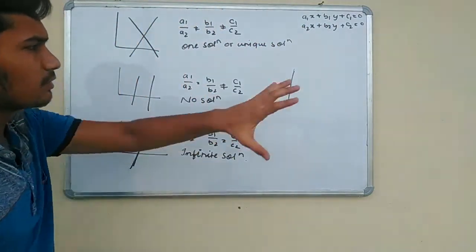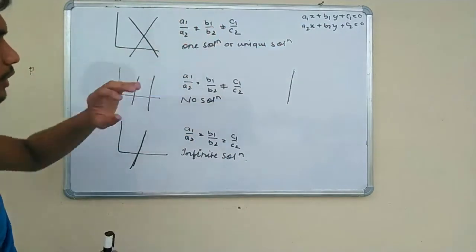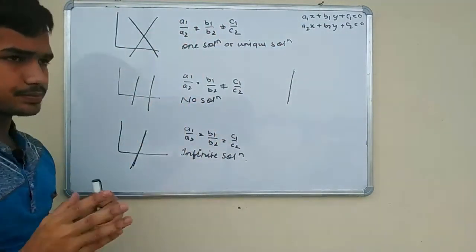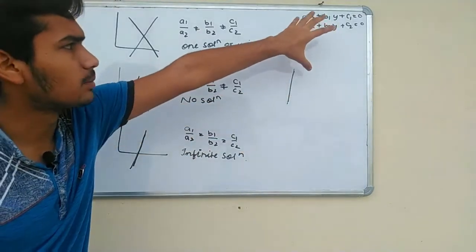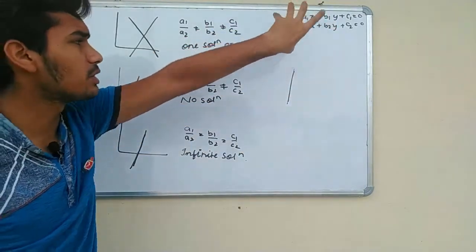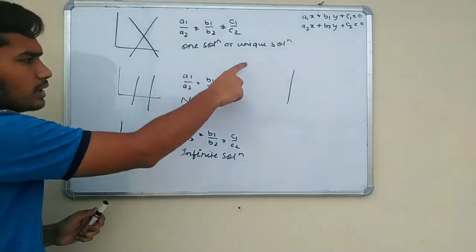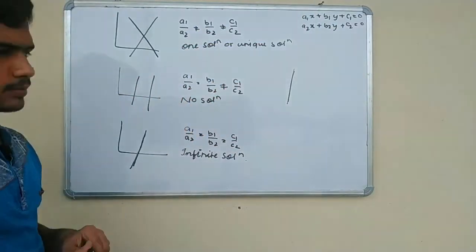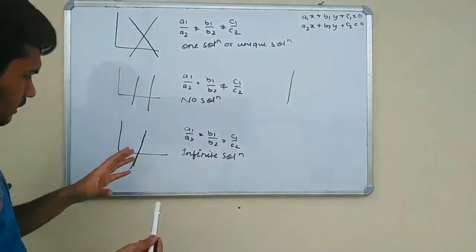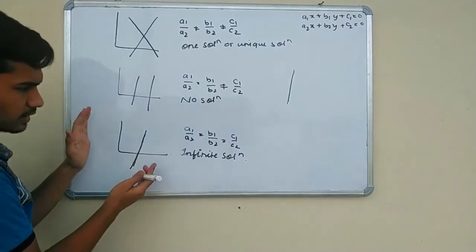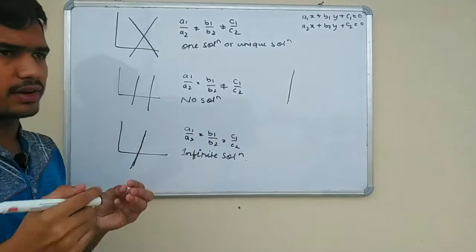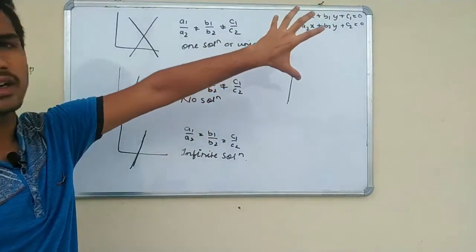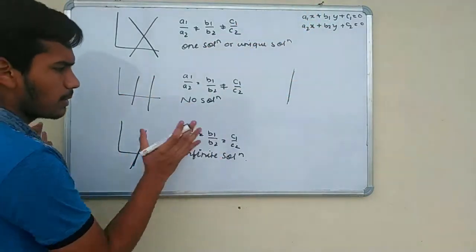If it is asked to check whether the lines are parallel or not, then you have to apply this condition. If it is asked to check whether these two equations have a solution or not, then you have to check for that. If it is asked to check whether these lines are coincident or not, then you have to apply this condition. If it is asked to check whether these have infinitely many solutions or not, then you have to apply this condition.